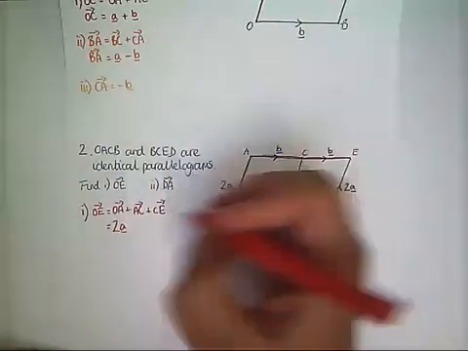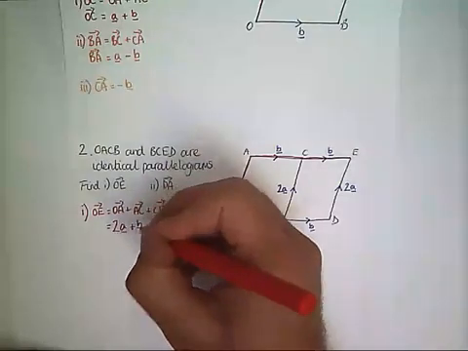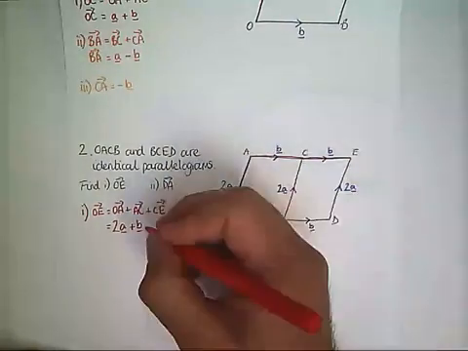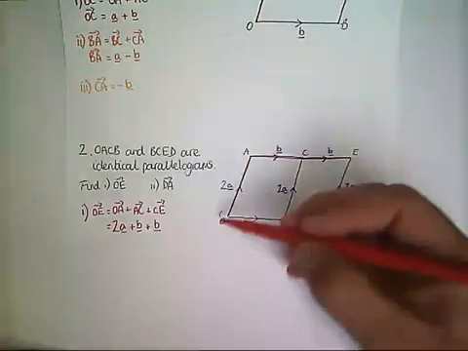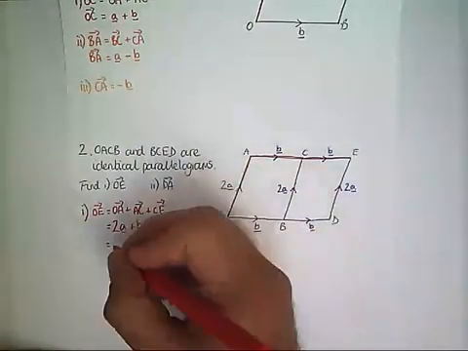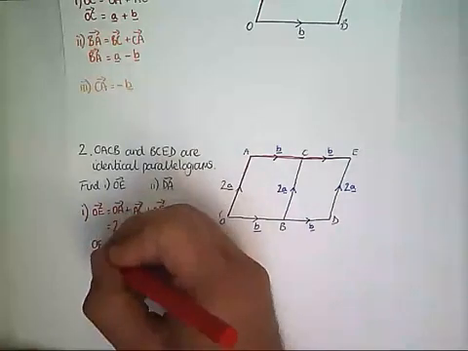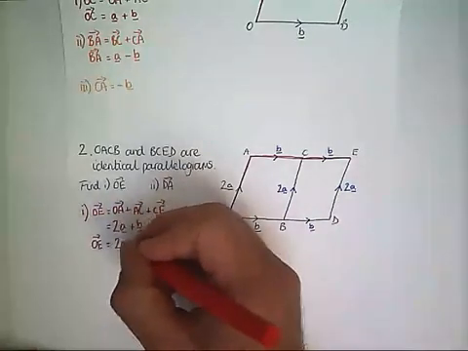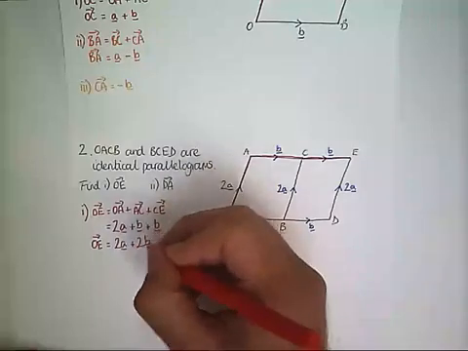A to C is B. And C to E is B. And we're going the same way as all the arrows, so they're all plus. Okay, and we can just simplify that because B plus B is 2B. So we get the vector of O to E is 2A plus 2B.